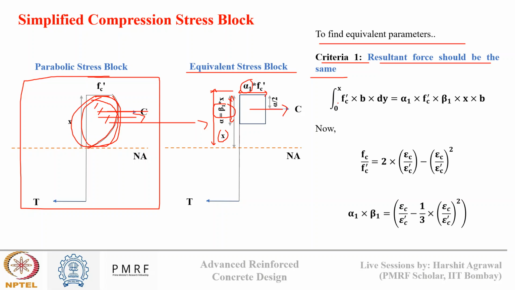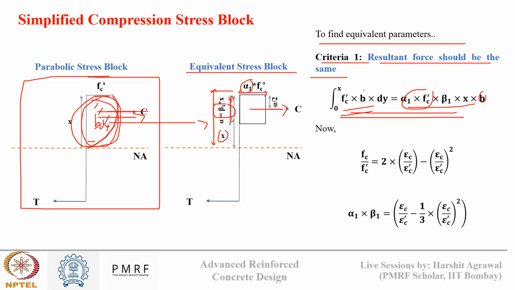So that is the integral 0 to x of fc dash into b into dy. So b dy is the area, okay, and fc dash is the stress at different portions. Okay, so the integral of this is equal to the area of the stress block, which is nothing but length times the breadth. So alpha fc dash times beta 1 x into b. Okay, so this is the equation.